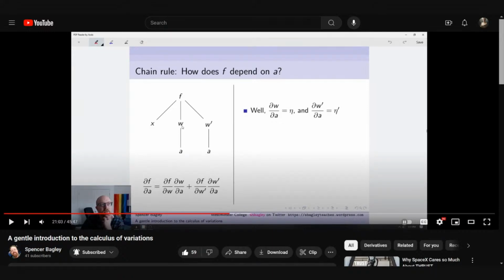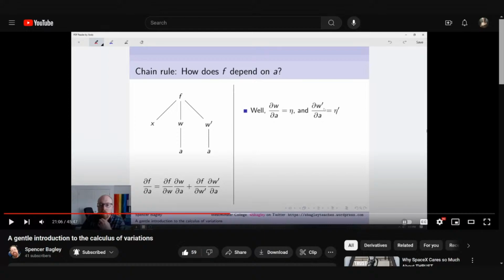W is y plus a eta, so the partial of w with respect to a is eta. And W prime is y prime plus a eta prime, so the partial of w prime over partial a is eta prime. Y is irrelevant, so it's just eta prime.